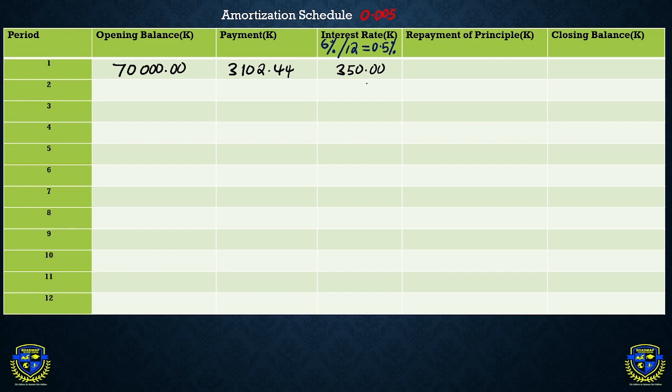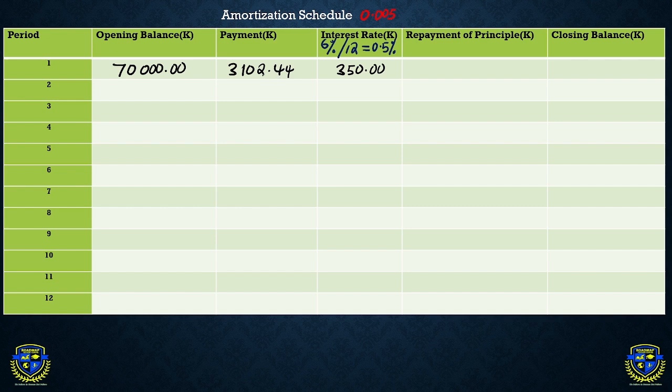Now, when we talk about repayment of principal, this is what happens. We are paying this part, the 3,102.44. Then in this value, 350 is interest.